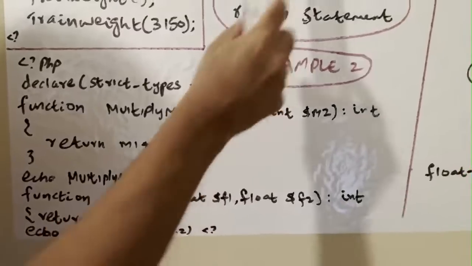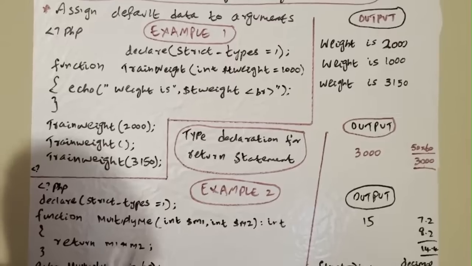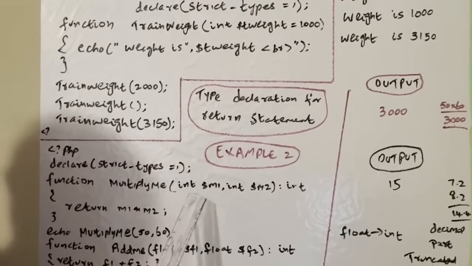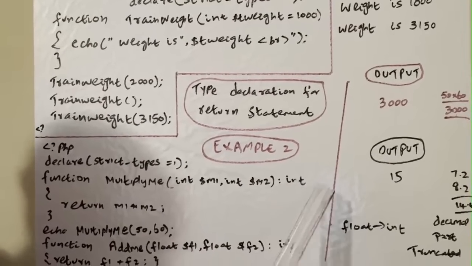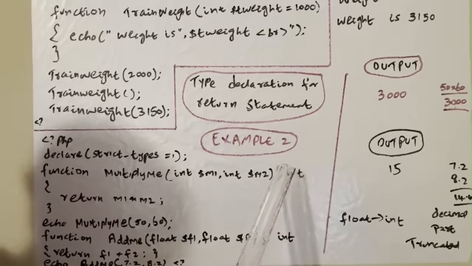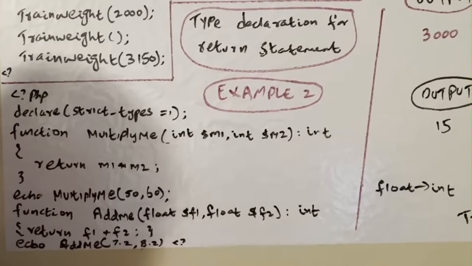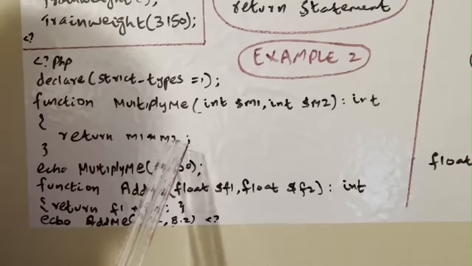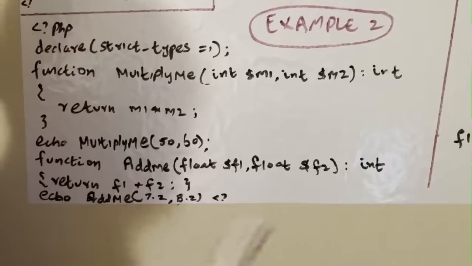You must remember strict types means data types must match between the function and the arguments while calling. So function multiply_me, integer $m1, integer $m2, colon int. So this is what I am talking about in this example. We are specifying the return value as int. Everywhere is integer, so no problem. When you call, return $m1 star $m2, just multiply the two numbers and display it. That's all we want.